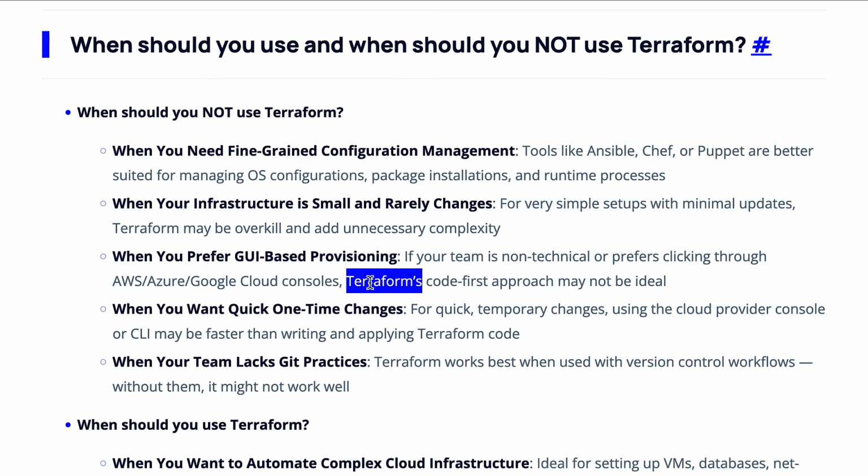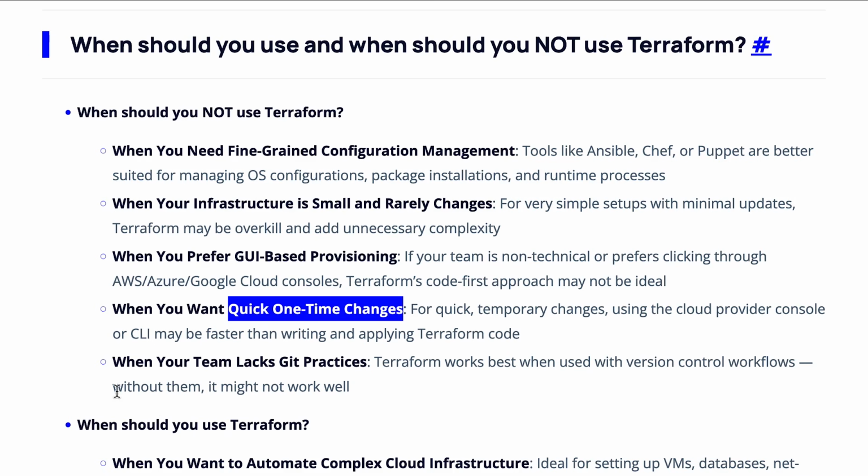If your team is non-technical and they prefer clicking through AWS, Azure, Google Cloud consoles, then probably Terraform's code-first approach may not be ideal. When you want quick one-time changes, if you're making temporary changes, quick changes, then probably using the cloud provider console or CLI may be faster than writing and managing Terraform code.